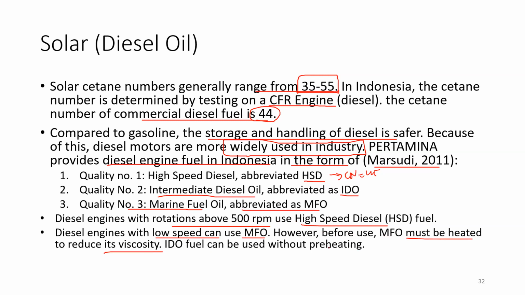One of the drawbacks of MFO type fuels is the large viscosity, so we need a pre-treatment, which is a heating process, to reduce the viscosity of the fuel. The IDO fuels can be used without preheating, because the viscosity already fulfills the standard requirements.